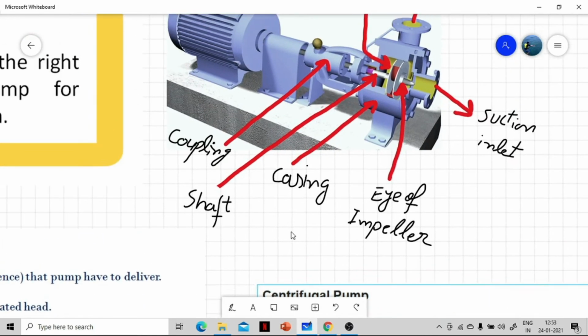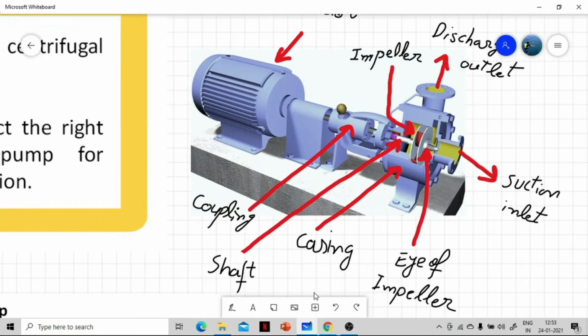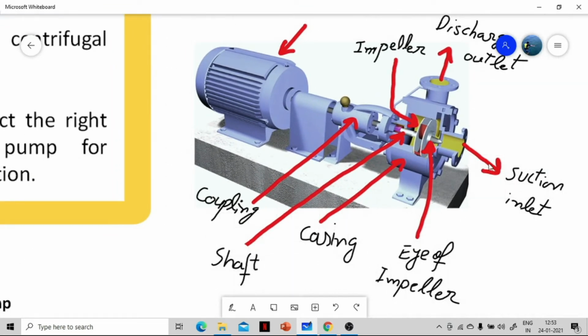And the basic parts of a centrifugal pump are the suction inlet, from where fluid is sucked in by the eye of the impeller, and the impeller is the rotary part of the pump that inserts energy into the fluid.